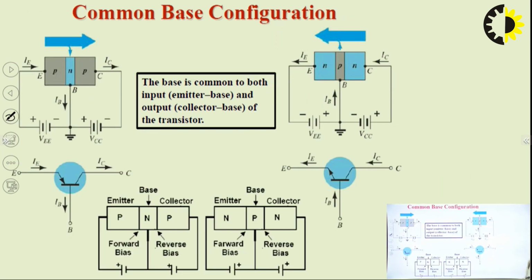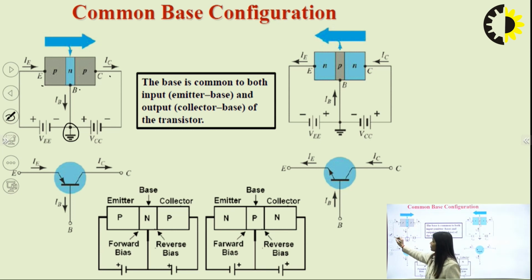Now coming to the common base configuration, the first configuration which we are going to discuss. In the common base configuration, we have the emitter, base, and collector, and the base terminal has been grounded.